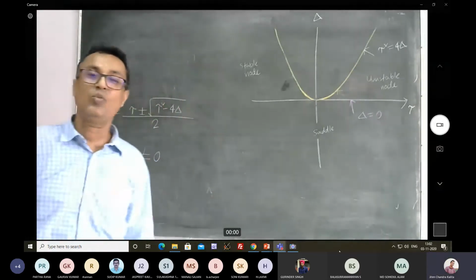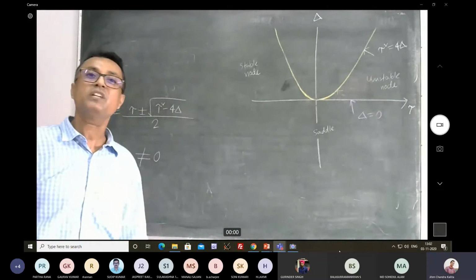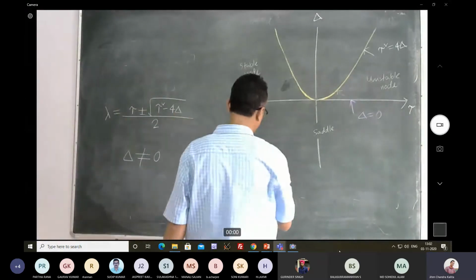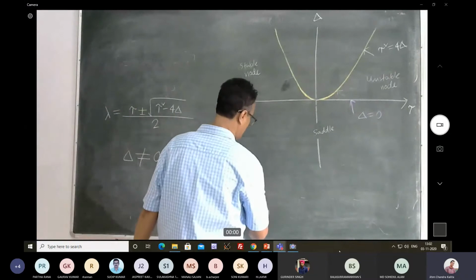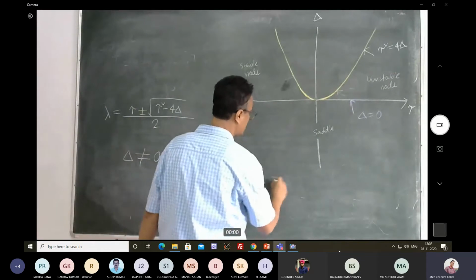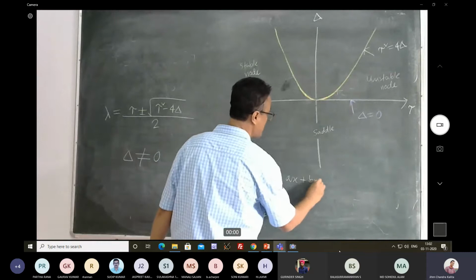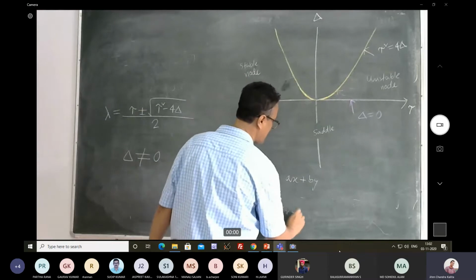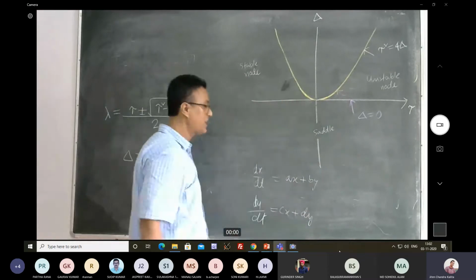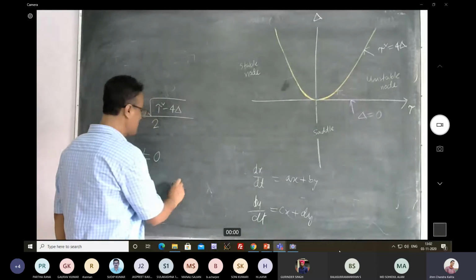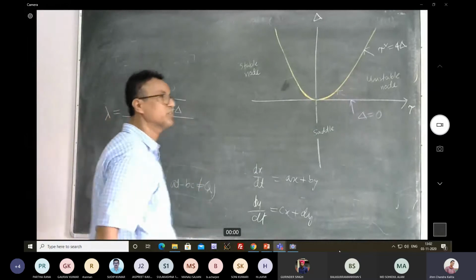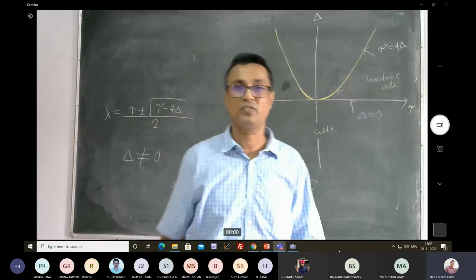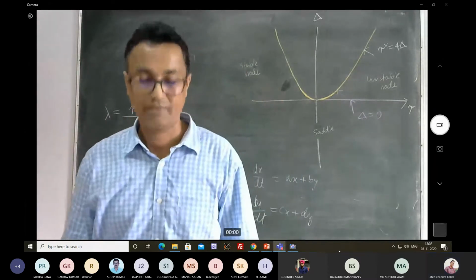Whatever system we had, we transformed it into dx/dt = ax + by and dy/dt = cx + dy. So we had taken ad minus bc not equal to 0 in order to get (0, 0) as my only critical point.